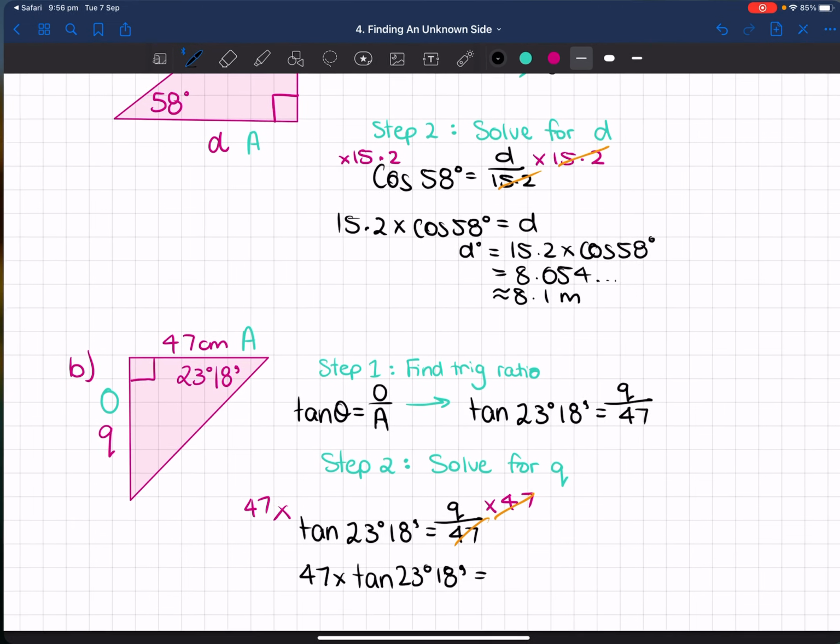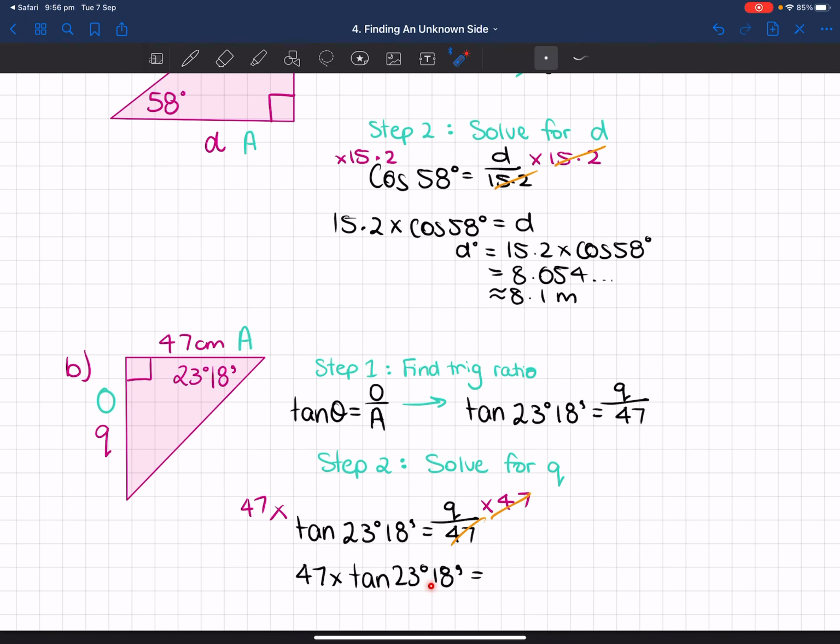That's what you put in your calculator. Remember, you'll have to use your degrees-minutes button for this. And that is equal to q. Solving that, we get q is equal to 20.241, which is approximately 20.2 centimeters.